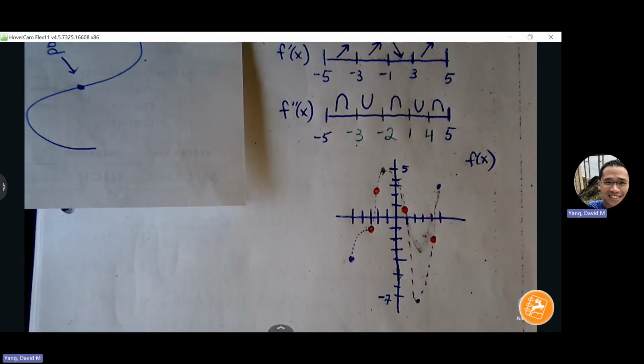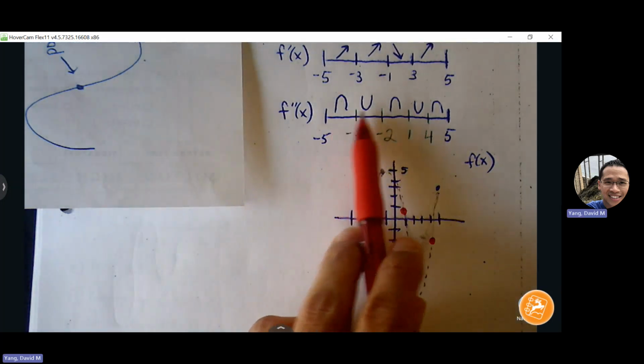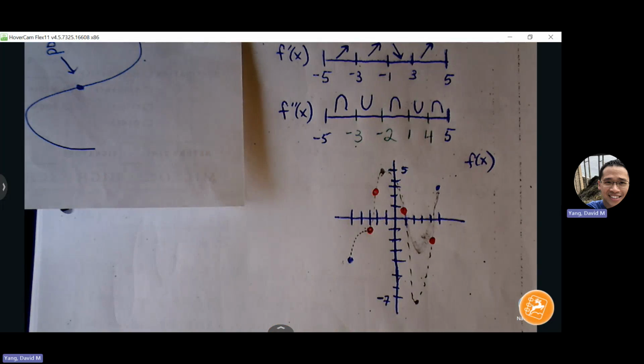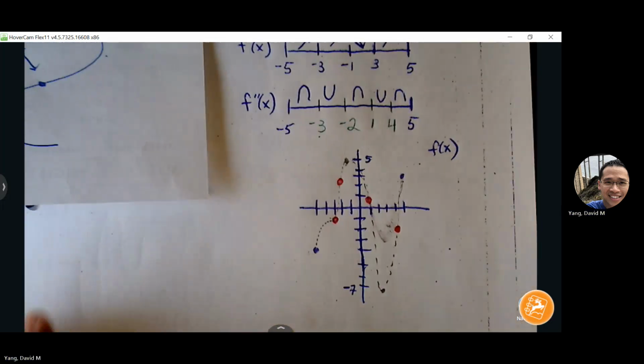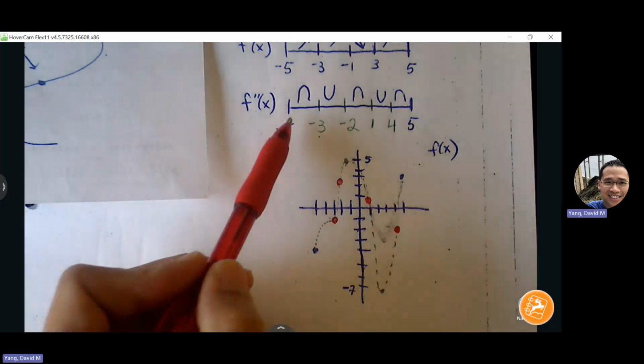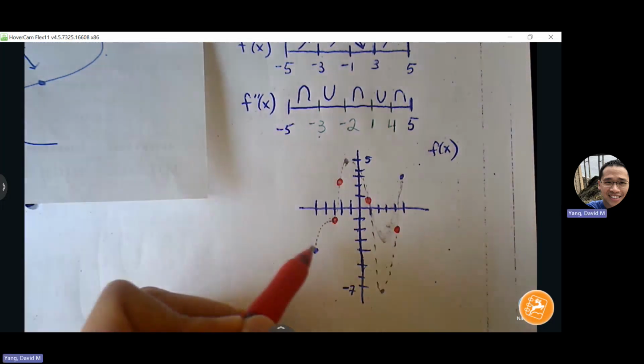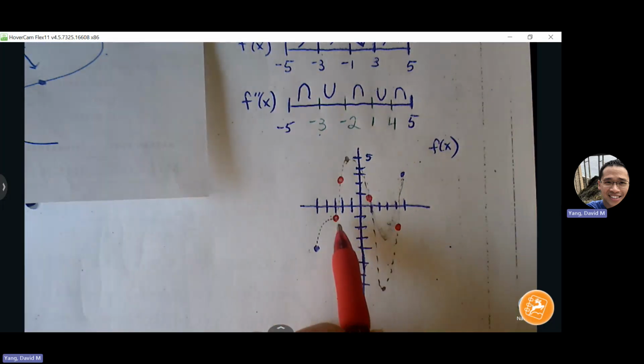Okay, so we haven't really done the, not yet, not yet. That's the last step coming up. We're just going to connect the dots with the proper curves. Okay, so we're going to start off with what? Concave down, but just showing a portion of it, right? We're not doing a full concave down because we're just reaching that point, and then we gotta switch.